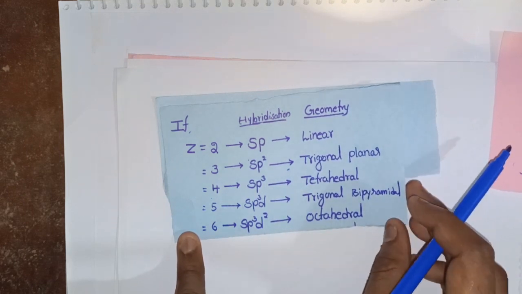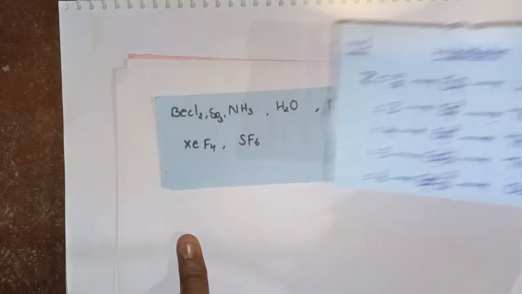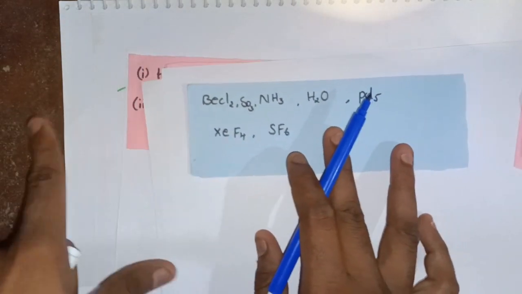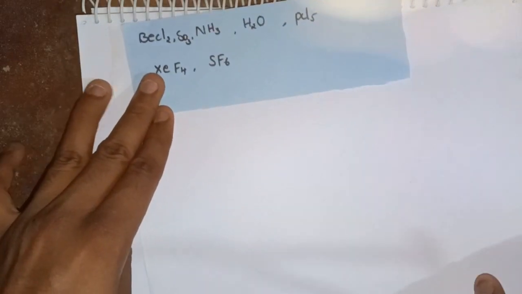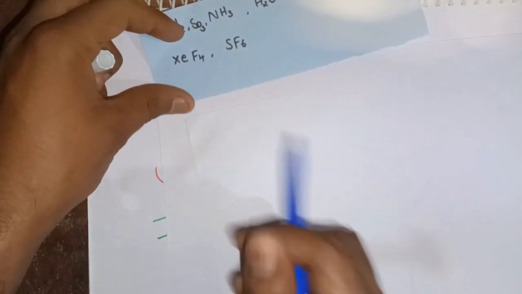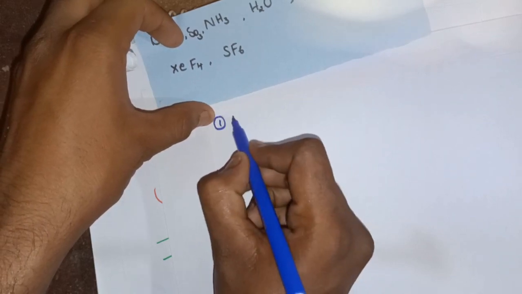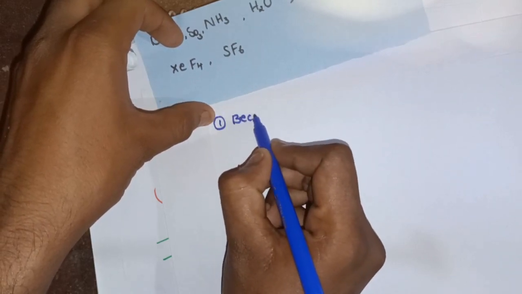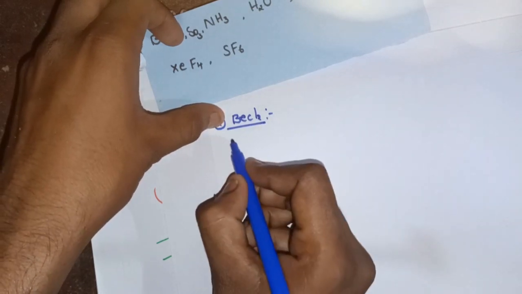Let's see some more examples to prove the hybridization technique. Let's find out the hybridization for the first example, beryllium chloride.